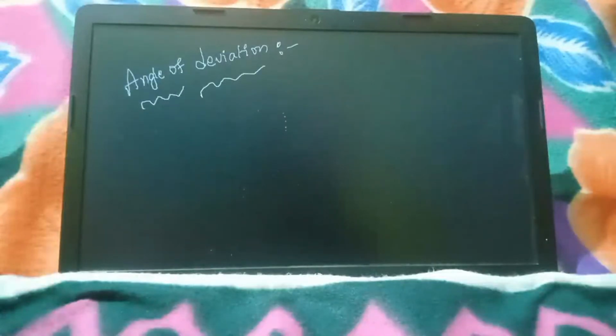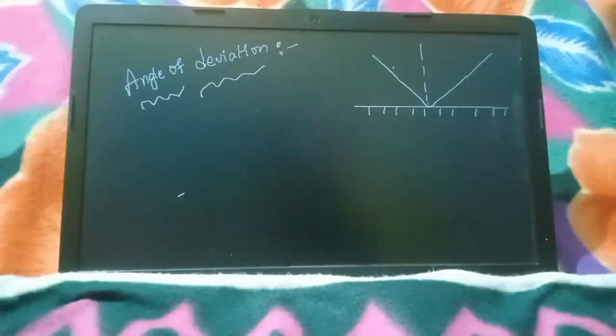So previously we did the diagram. This is the diagram I'm taking. This is a normal line. This is the incident ray, and this will be the reflected ray.